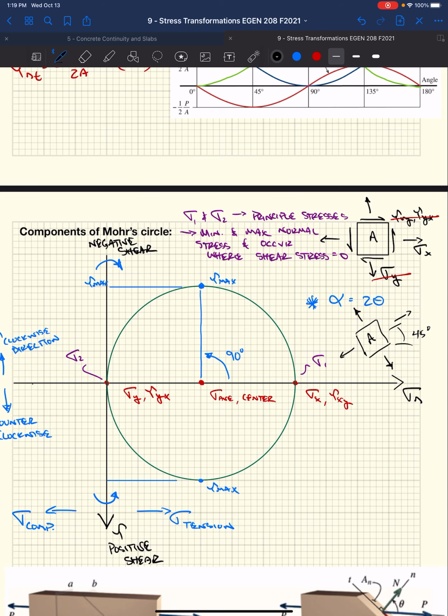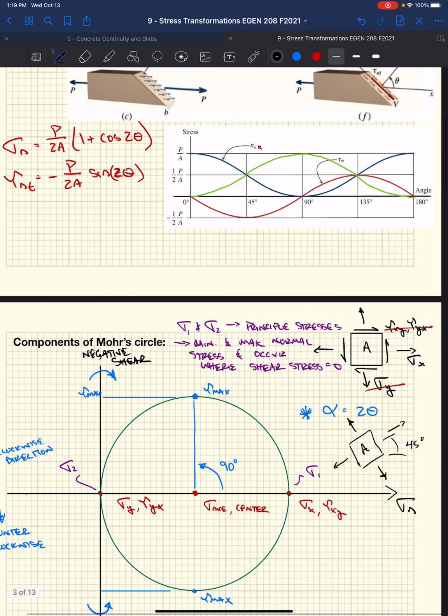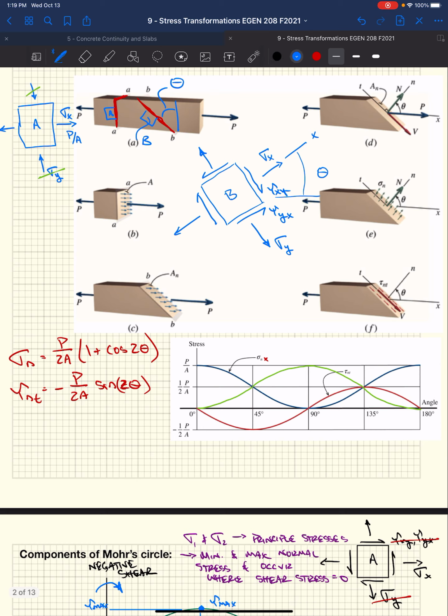So if you cut a plane, go back up here, through this axial member at 45 degrees, the shear stress on that plane is going to be the maximum. And we'll also have a normal stress on that plane.